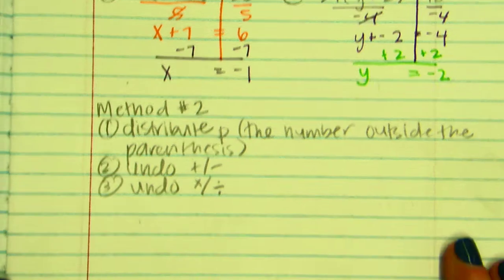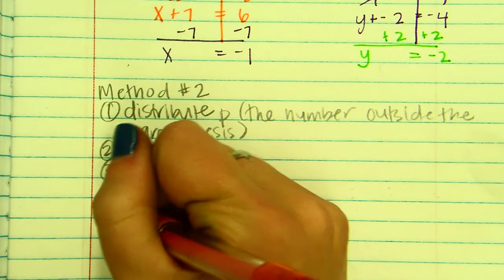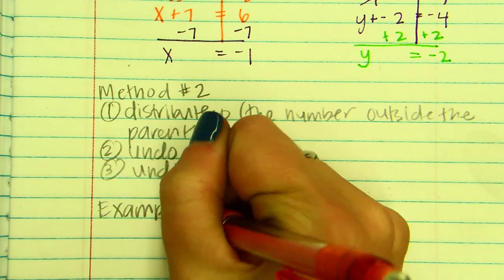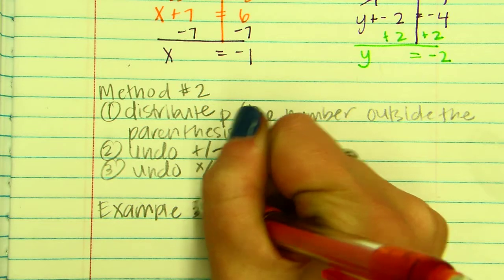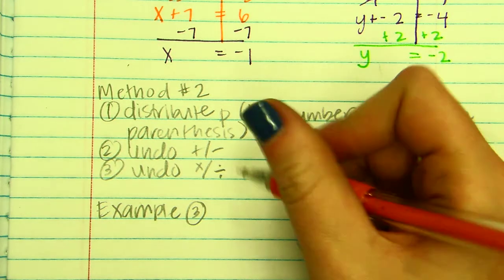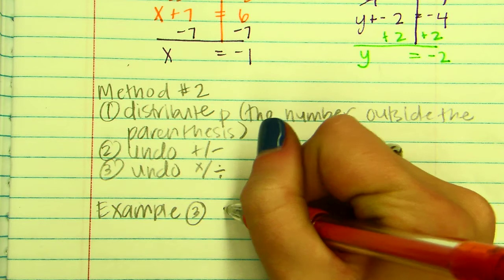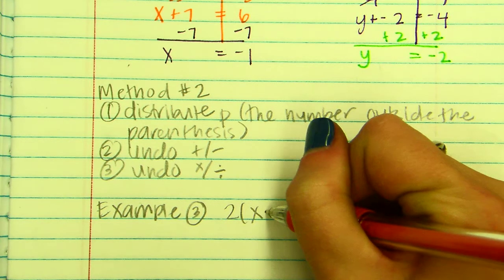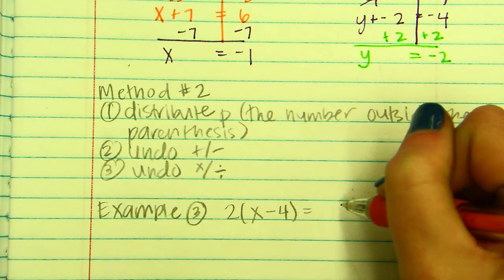So let's do an example of one of these. Let's call it example 3. We had 1 and 2 up here. So for example 3, let's do 2 times x minus 4 equals 18.